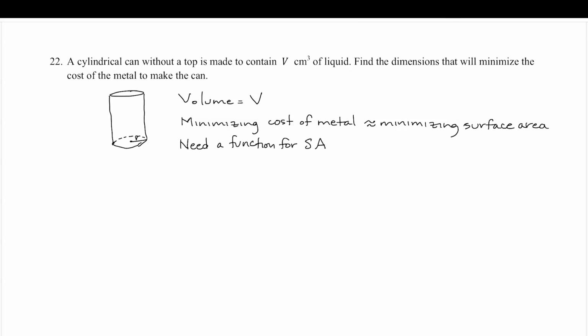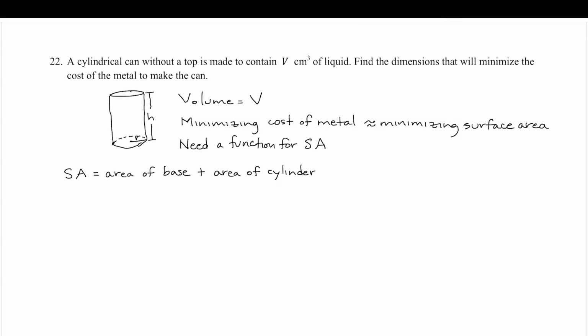And so, for example, the radius of the base and the height are the two that are going to be important to me. So the surface area is the area of the base plus the area of the cylinder part.